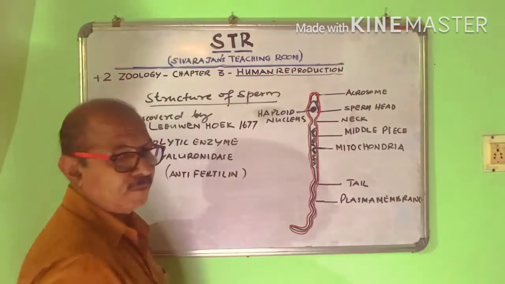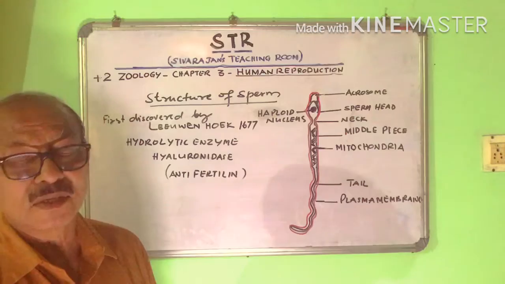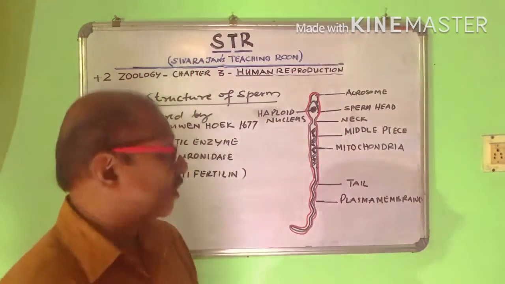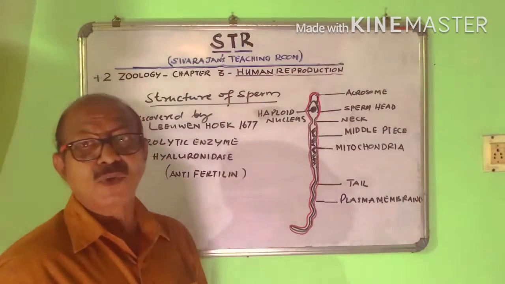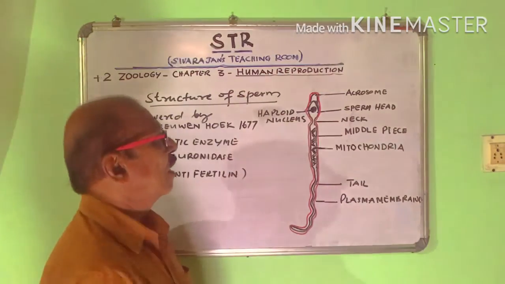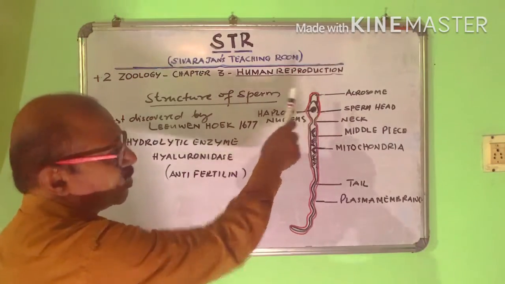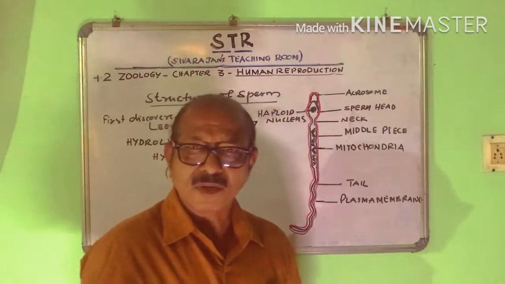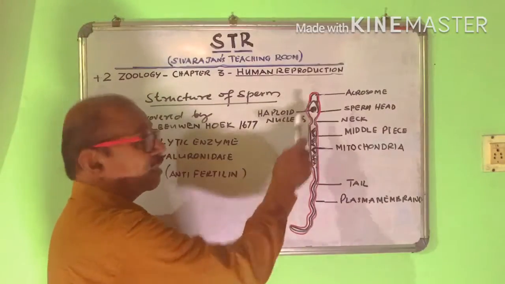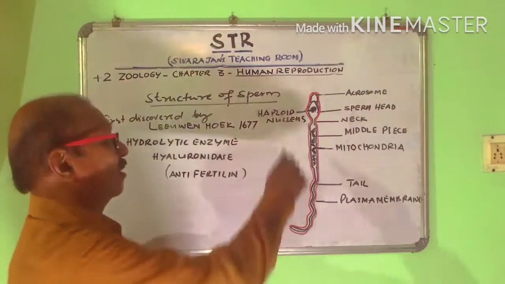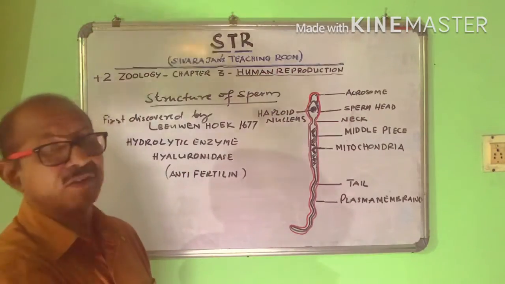The head contains a haploid nucleus. In human cells, the diploid chromosome number is 46, so the sperm will have 23 chromosomes in its nucleus. In this nucleus, the chromosomes are not visible, but the head contains the chromatin or the genetic material spread in it.